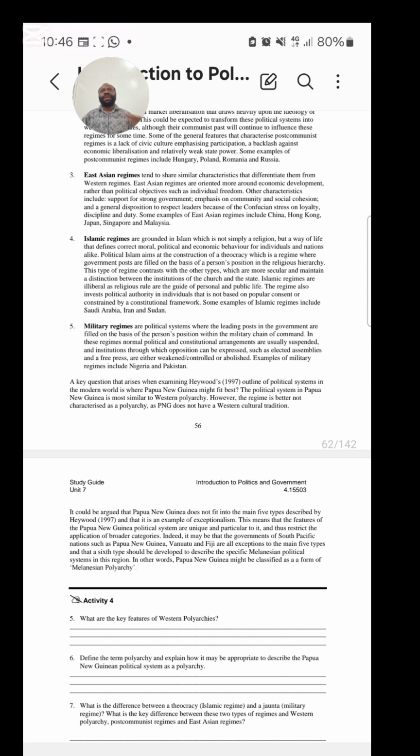So they are more rooted in political and development objectives rather than the ideological roots of communism. The ideological roots of communism came from Karl Marx's view of Marxism. Okay?